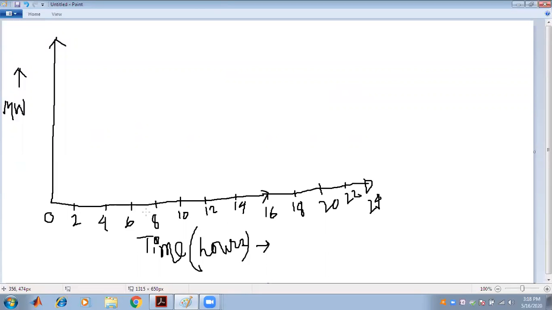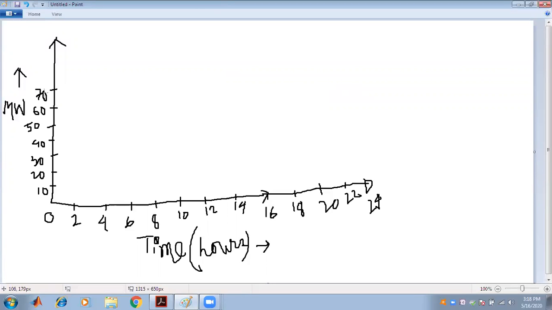Okay. So taking a 2 scale division on the time axis, and now taking a 10 scale division on the load axis: 10, 20, 30, 40, 50, 60, 70.